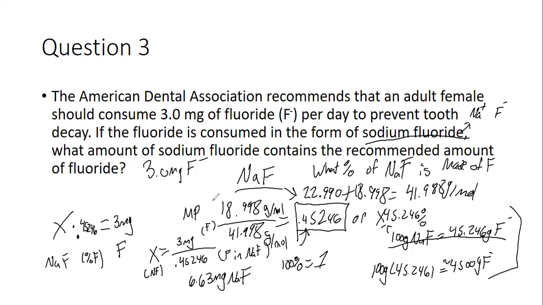If you're doing your mass percentage right here and you convert everything to milligrams first, you get the same answer. So you don't need to, as long as the top and the bottom are the same unit. The only 2 actual math problems you have to do are mass percentage and then figuring out milligrams of F. And since this is a percentage, that doesn't have units. Does that answer your question? Okay.